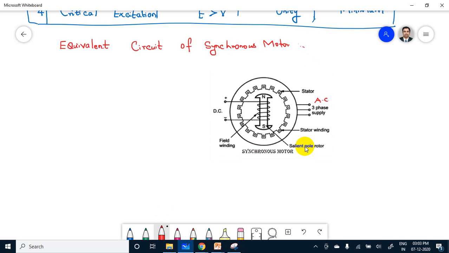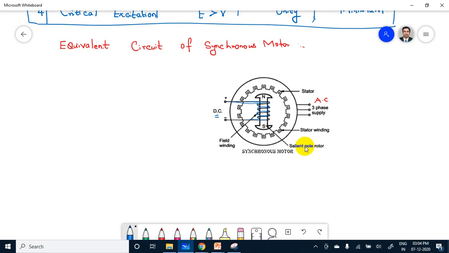Inside there will be a rotor, and in the rotor there will be a winding. This winding will be excited by DC supply.